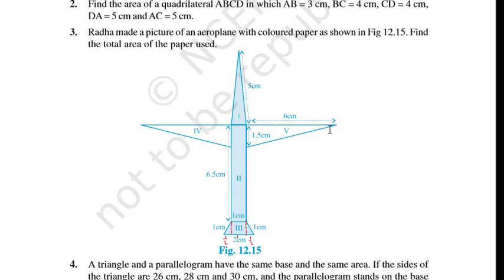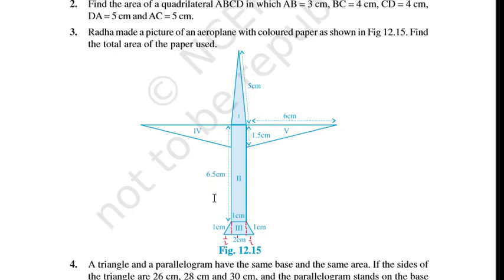So if I calculate the area of part 5, I will get the area of part 4. For part 1, the base is 1 centimeter and two sides are equal, 5 centimeter each. So this is an isosceles triangle. So part by part I will find area of each and every part and then I will add them all to get the total area.